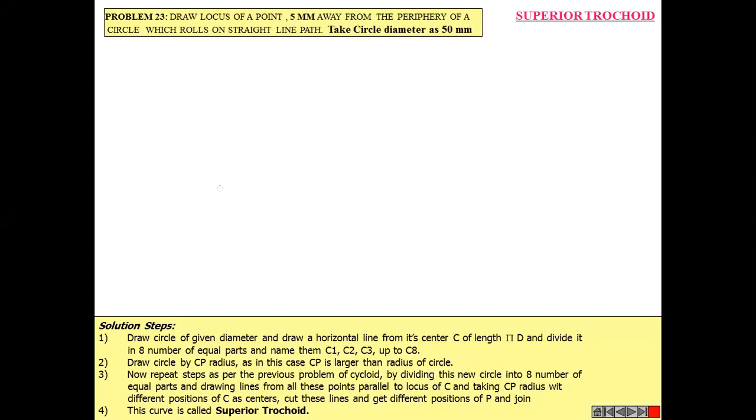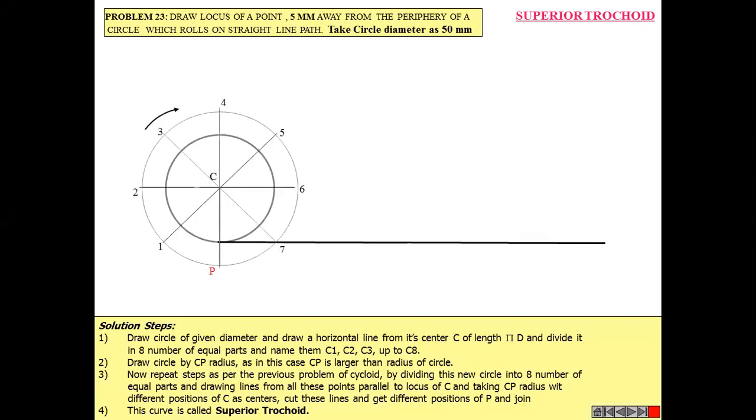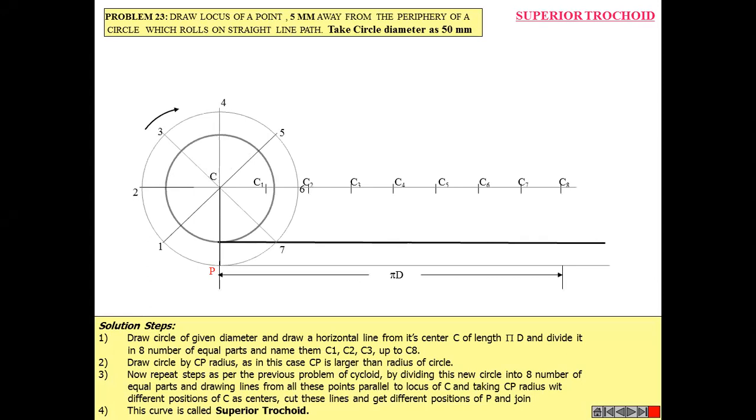Yes, sir. Now see, pay attention to where we are asking. Horizontal lines are marked from peripheral points, this P point circle, imaginary circle.